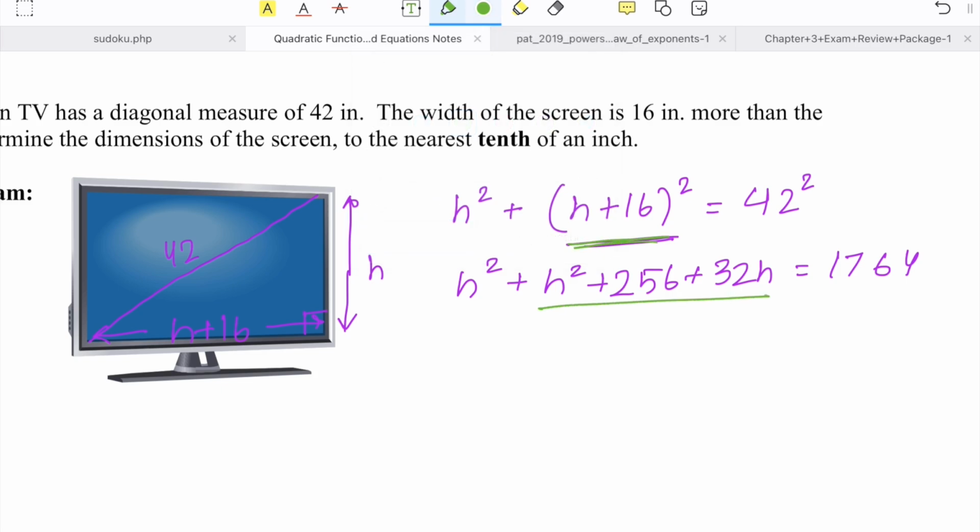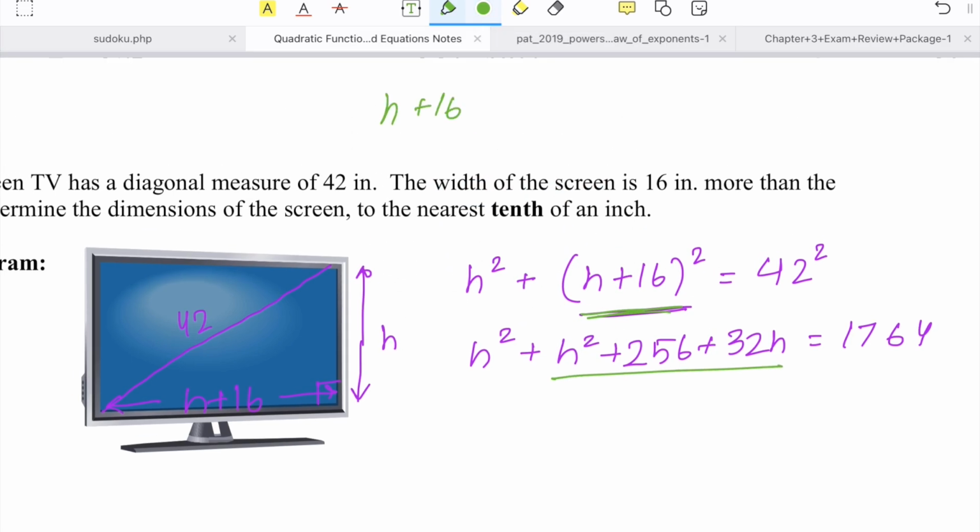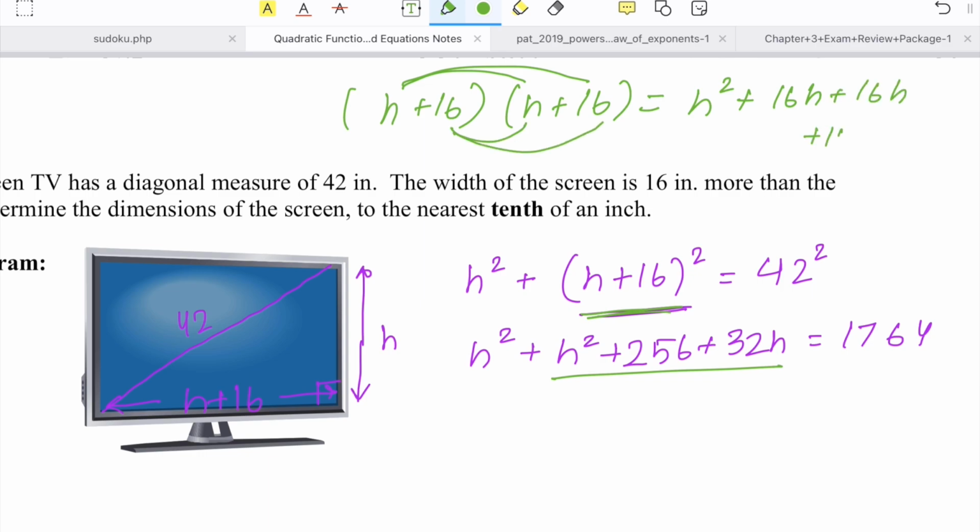This is equal to this because h plus 16 times h plus 16, we just distribute it. h squared plus 16h plus 16h plus 16 squared, which is 256. That's how I got that. Now we'll move everything to one side. Negative 1764 on both sides.